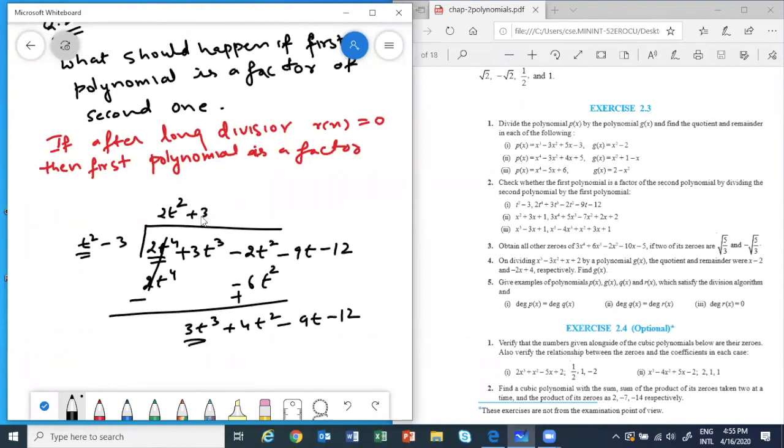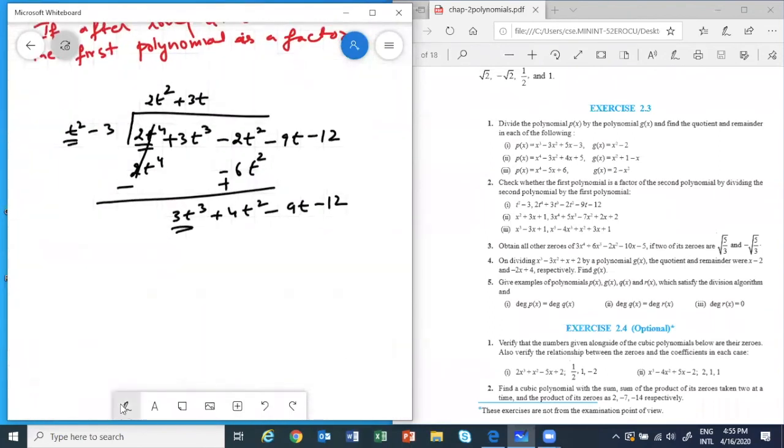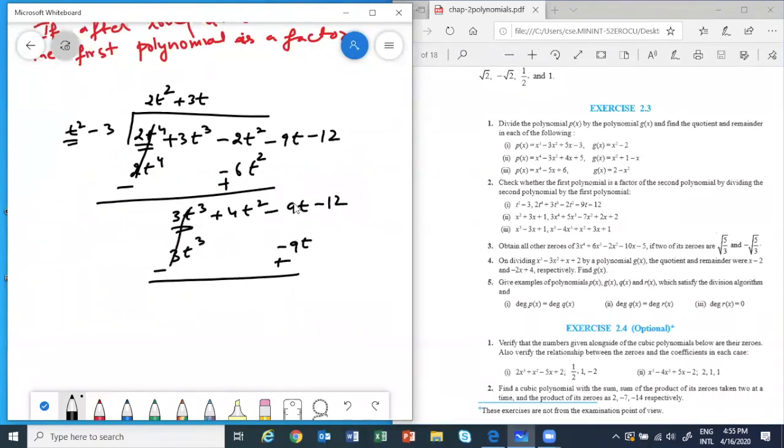So I'll put plus 3t. So what happens? We get 3t cube minus 9t. So I'll put it here, minus 9t. Change the sign. This one cancels out, this one cancels out. We are left with 4t square minus 12. Next, we want 4t square. If we multiply by 4, take plus 4, then we get 4t square minus 12. And the remainder is 0.